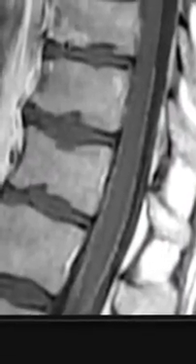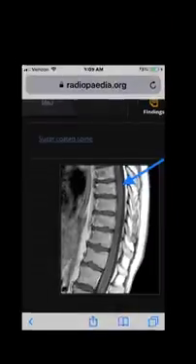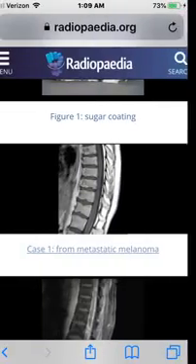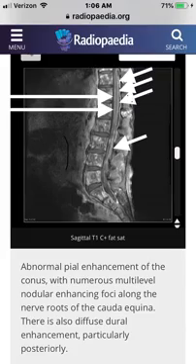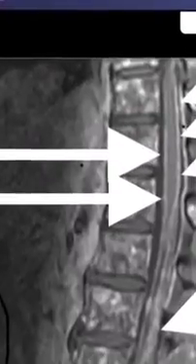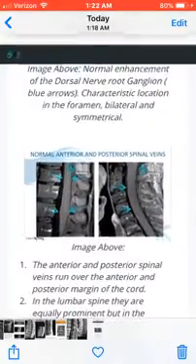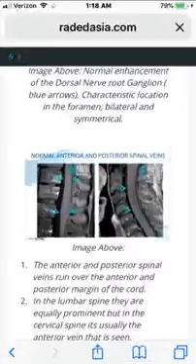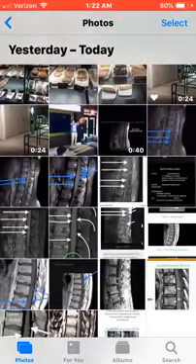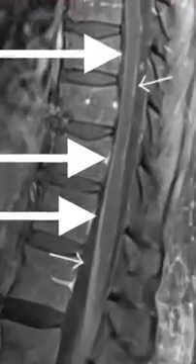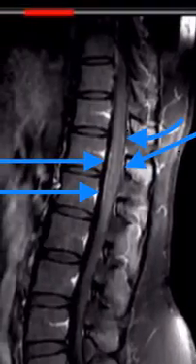This is conus medullaris enhancement, leptomeningeal disease from a metastatic melanoma case seen here on Radiopaedia. And then this is also a metastatic cancer case. So how do you know when this conus medullaris is enhancing that it is not just normal venous drainage, but something more ominous like a leptomeningeal disease case?